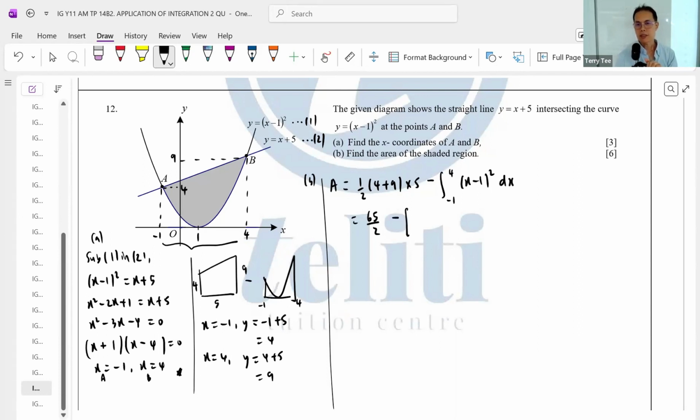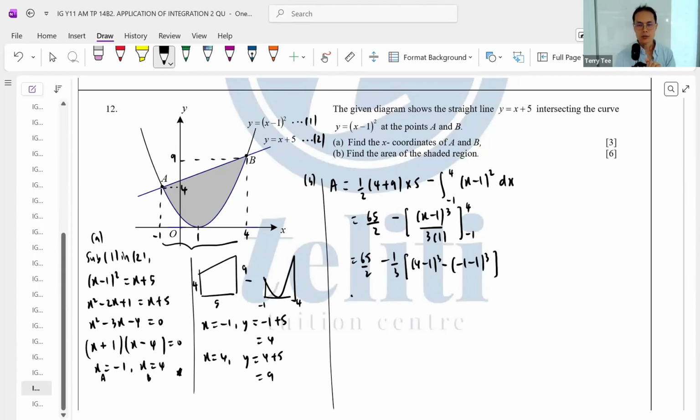For the second part, I need to use integration of composite function: copy the bracket, increase the power by 1 to 3, divide by 3, differentiate inside the bracket, 1. Lower limit -1, upper limit is 4. Let's simplify further. I'm going to take out 1 over 3, sub in 4, (4 minus 1) cubed, (-1 minus 1) cubed.